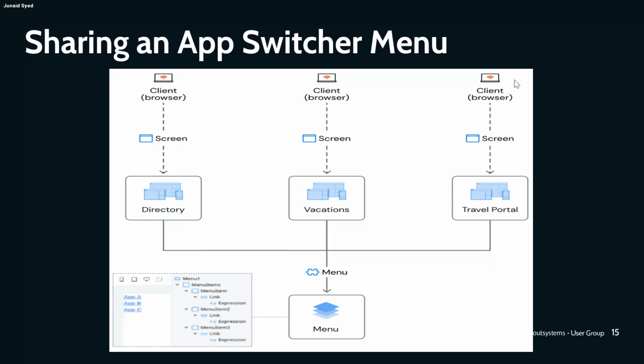We can simply have external links to all three applications in the menu, and that won't create a dependency between the library and the respective applications. Whenever the user clicks on the menu, he is redirected to the respective application. This is how the app switcher menu is implemented in this situation.